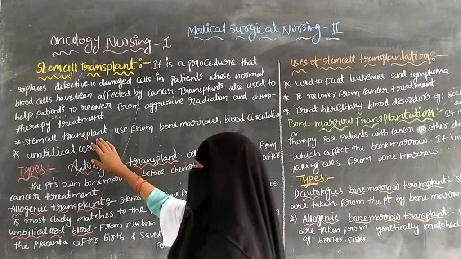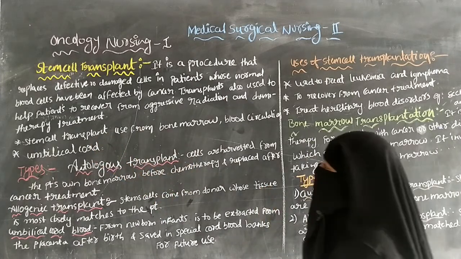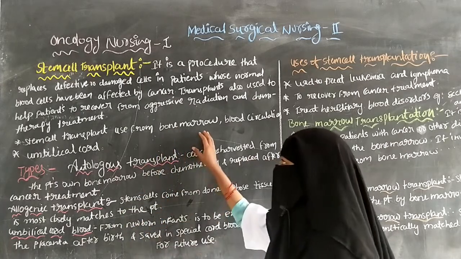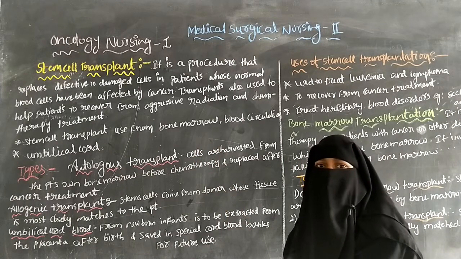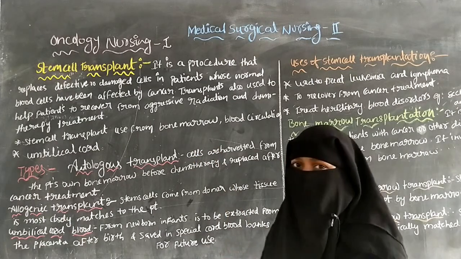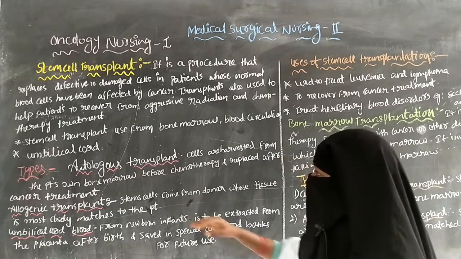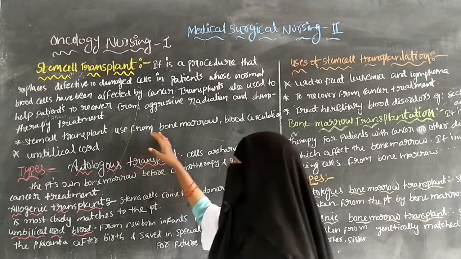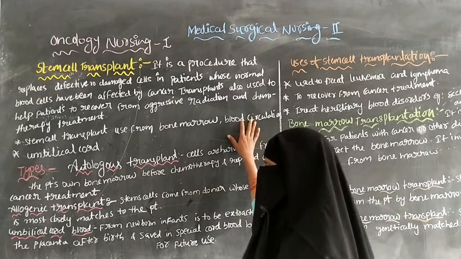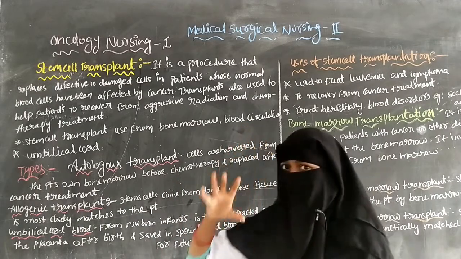Stem cells for transplantation are taken from bone marrow. Bone marrow is a spongy tissue, for example in the hip and thigh bone, and it contains stem cells. Stem cells can also be taken from the blood circulation, which contains stem cells.